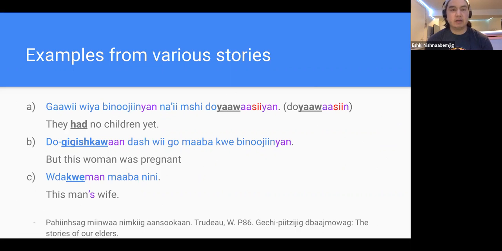So the first one, Galwea, no one, Benojian, children, obviated. They didn't, so the negative part comes in C. So that's how it was kind of written in the book. And I put this in brackets, the scene, because that's how I would think it would be said.